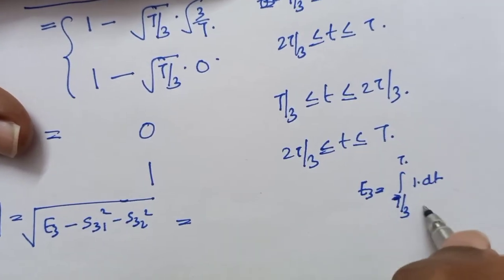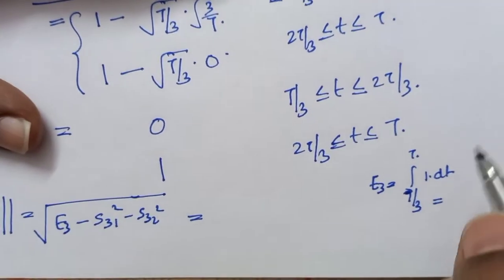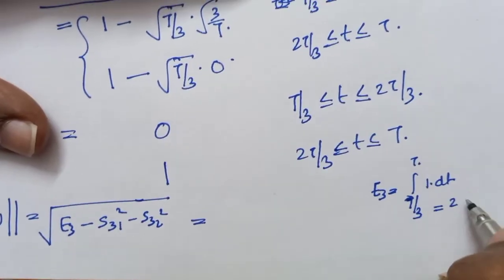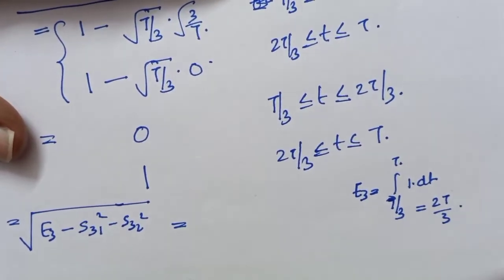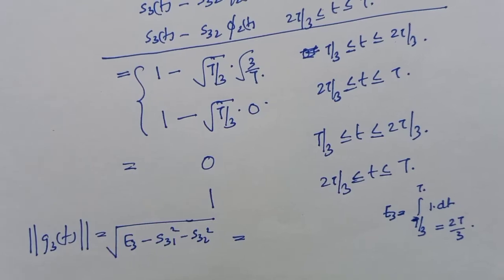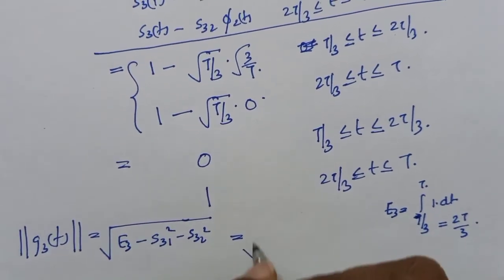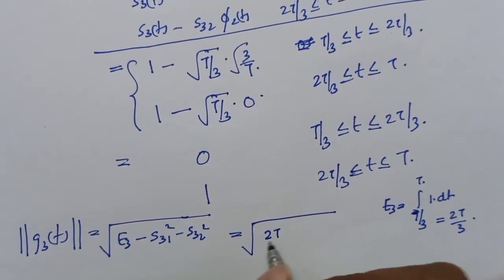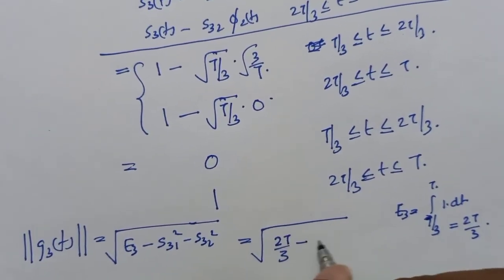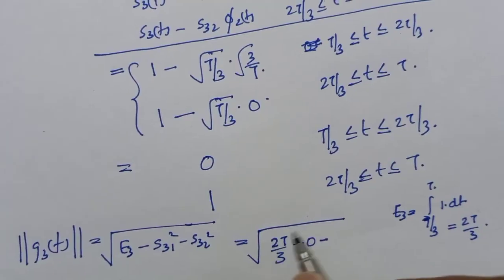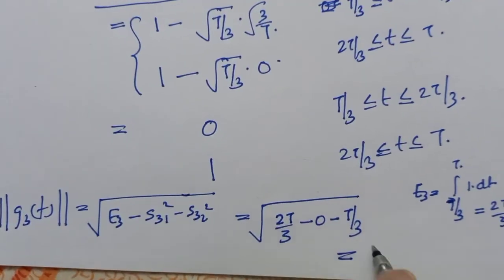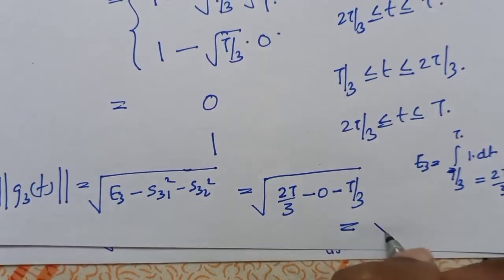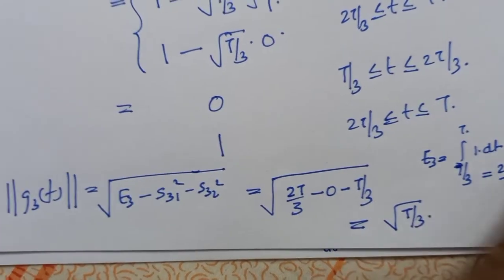So this will be equal to 2T by 3. So we can write it as root of 2T by 3 minus S31, which is 0, minus S32 squared, where S32 is root of T by 3. So T by 3. So this will be equal to root of T by 3.